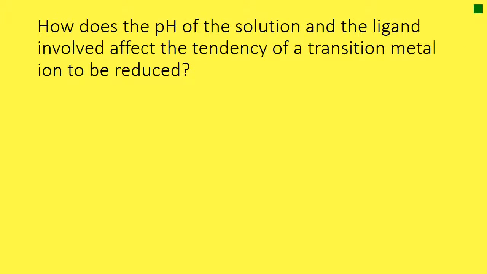Okay, so this question phrases that little challenge for us quite nicely. So we're looking at the pH and the ligand and seeing how those two things affect the tendency of a transition metal ion to be reduced, which is the redox potential.